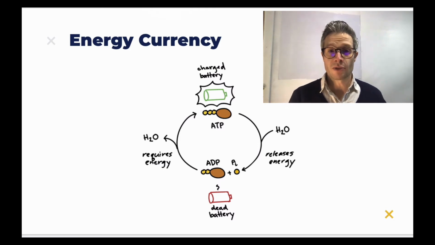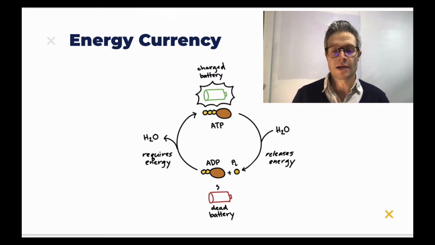Tri being 3, and di being 2. You can see that in this diagram here. If we start at the top, it uses the analogy of a battery. We have this molecule that's more or less stored energy, so it's a fairly good analogy. Oftentimes you'll hear it referred to as energy currency that the body can use.